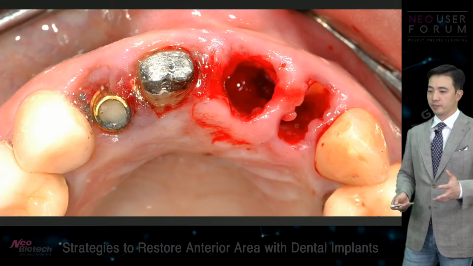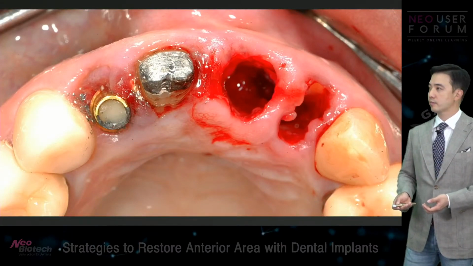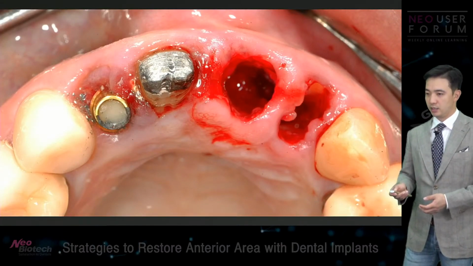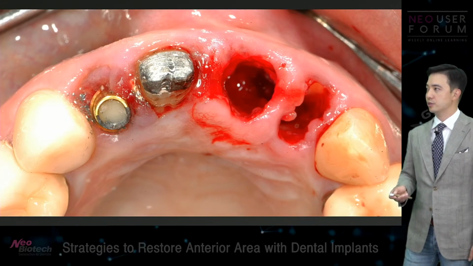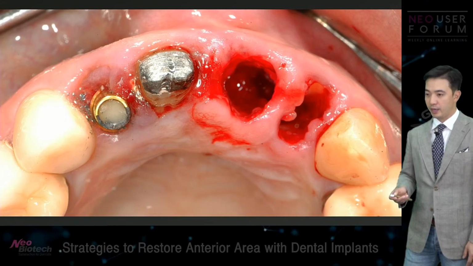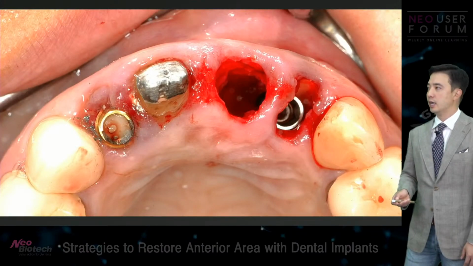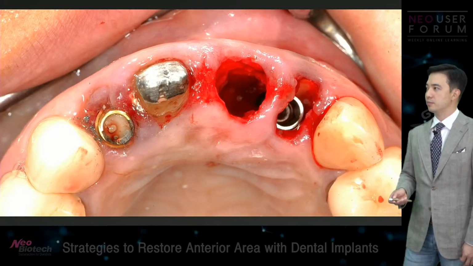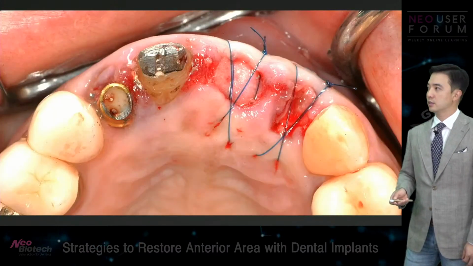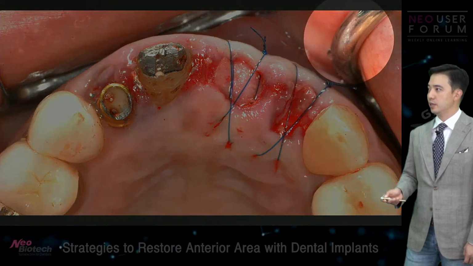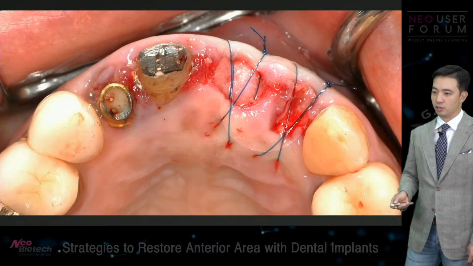I cleaned the site, removed the graft material and everything. It still had okay stability there. And I did GBR, placed the collagen membrane and sutured.